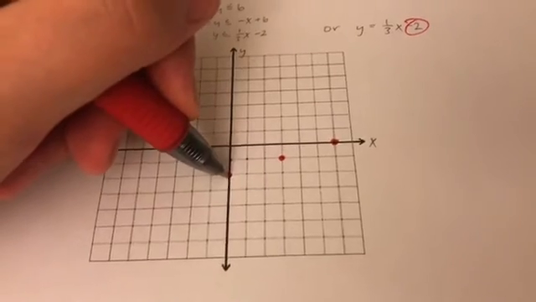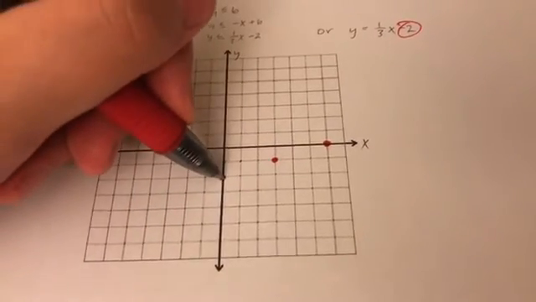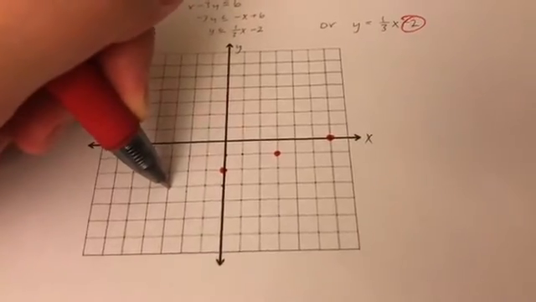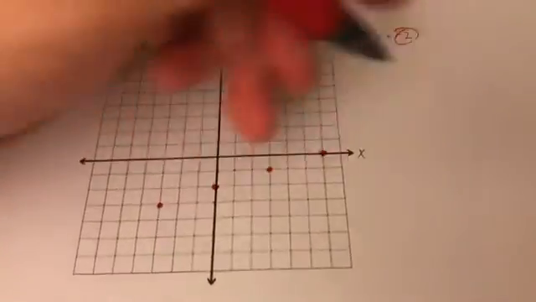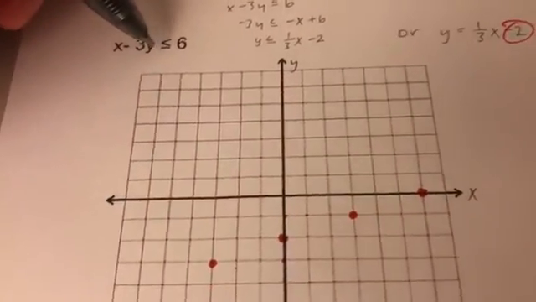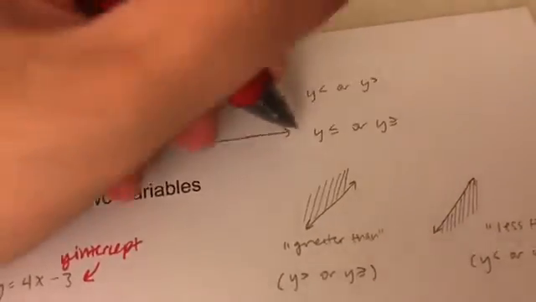So if we want to go backwards here, you have to go down 1 and then run 3 here. And do you see, because there's a line underneath this inequality, that means that this is not a dashed line, but we will use this line with no dashes.